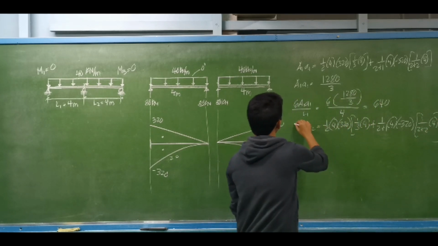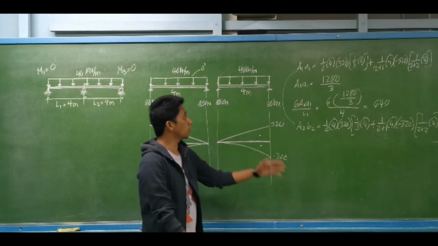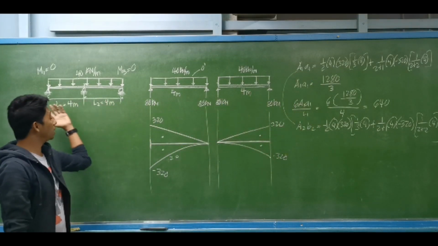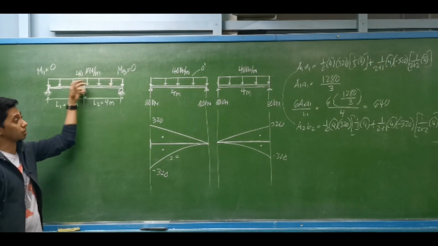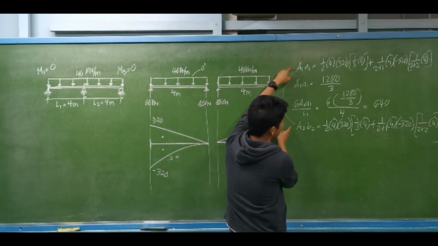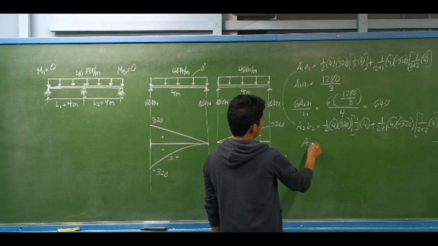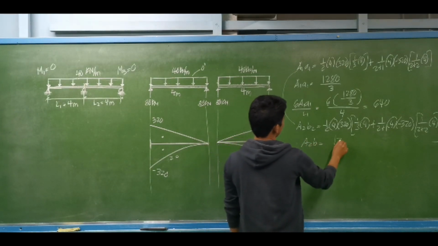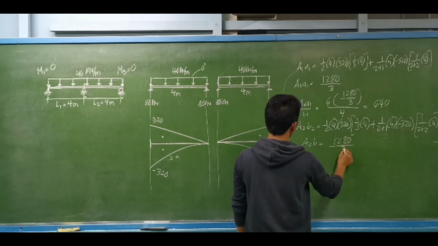As you can see, they are equal. Usually for a two-span beam having a constant loading, these two will have the same value. So A sub 2, B sub 2 is the same as 1,280 divided by 3.